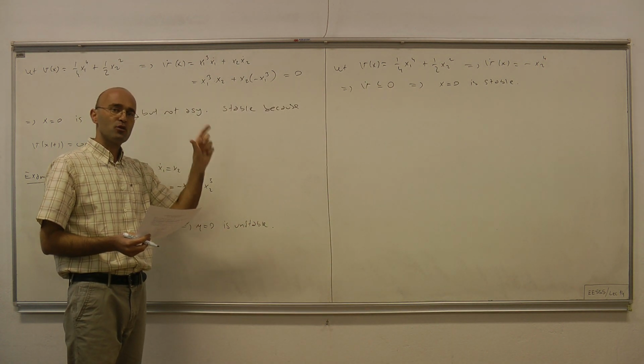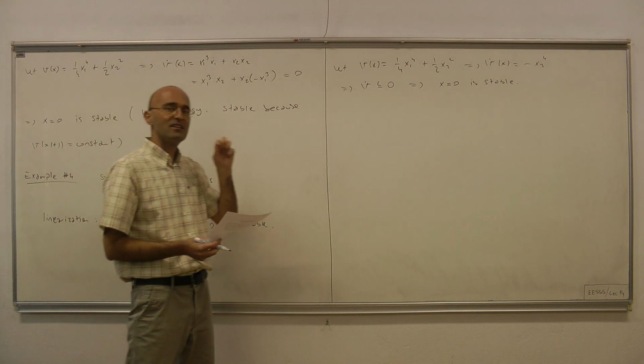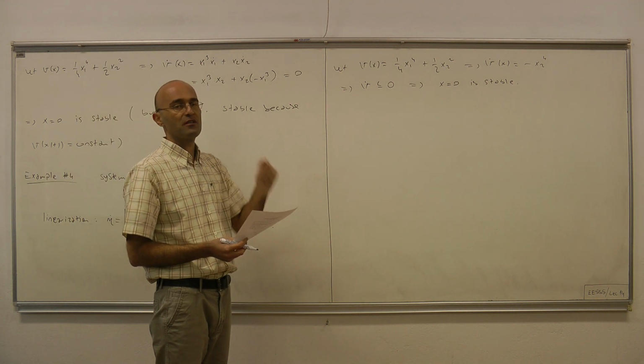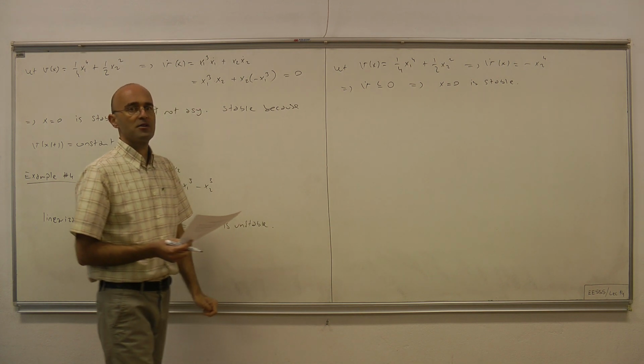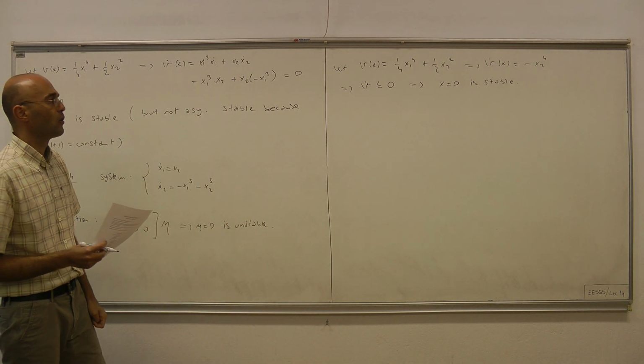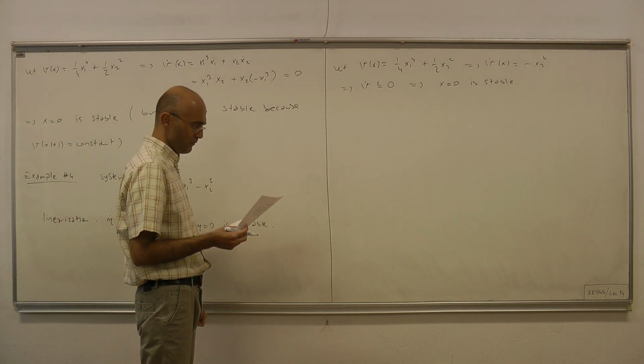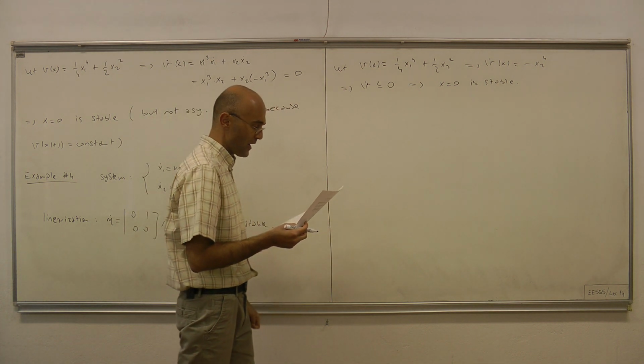If that set of solutions is a singleton, that is, there is only one such solution, which is at the origin, then by LaSalle's invariance principle we can be sure that the origin is asymptotically stable. So let's do that. It's an easy check.